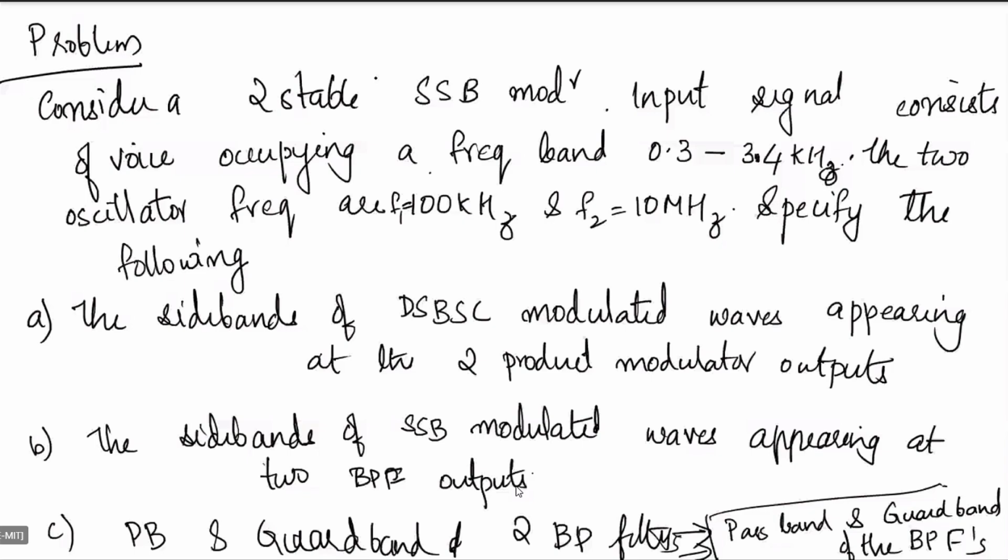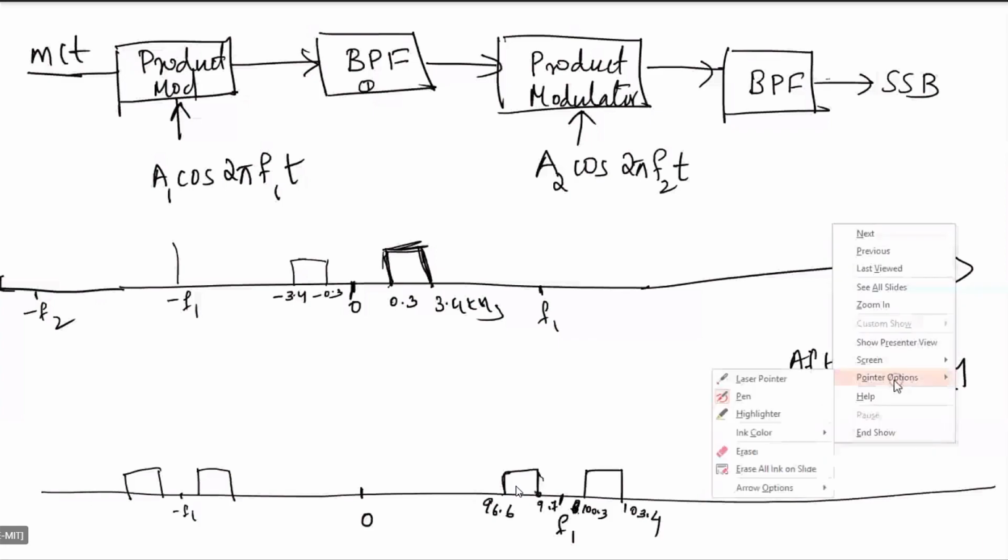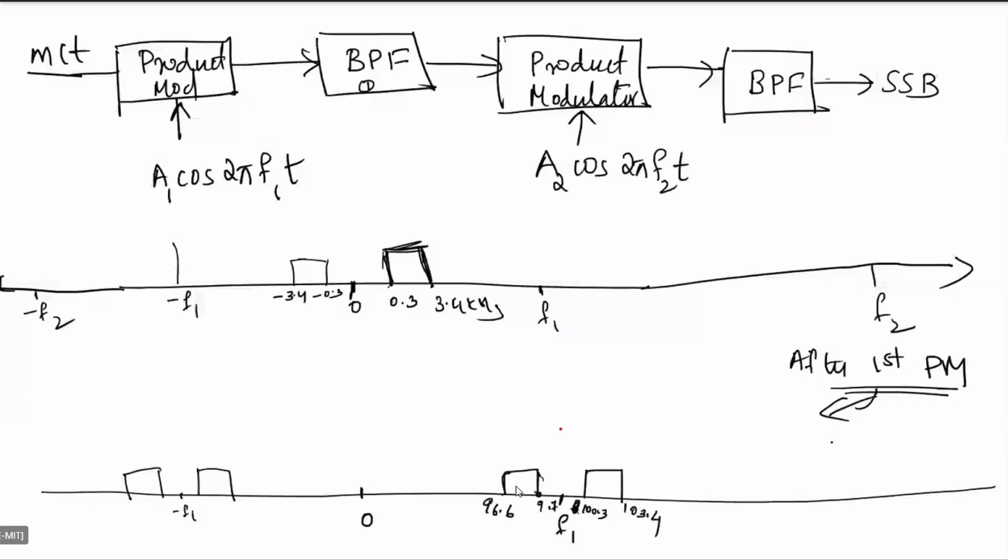So let us assume that both the bandpass filters are taking the upper sideband. After the first bandpass filter, let me assume it takes the upper sideband. I am assuming it. It is not specified in the question.